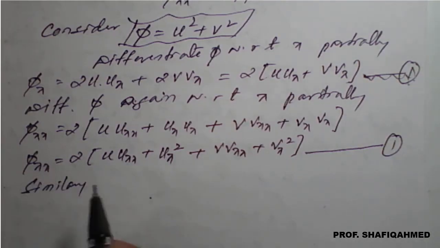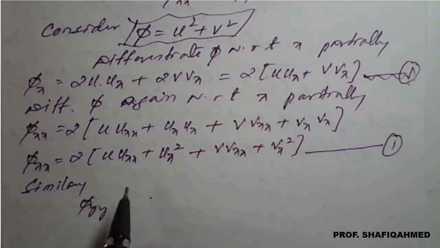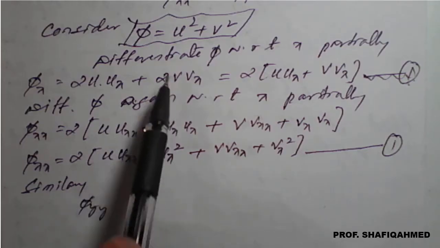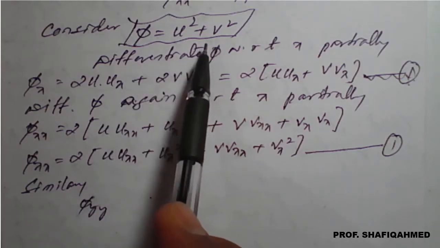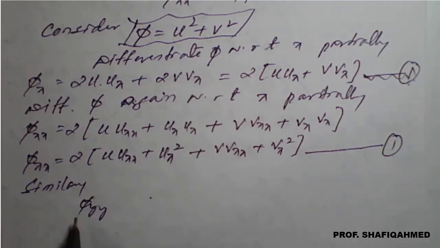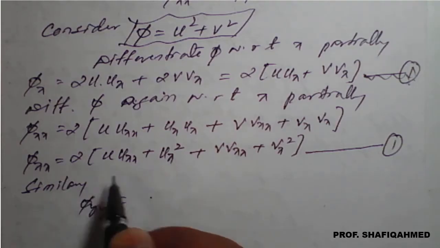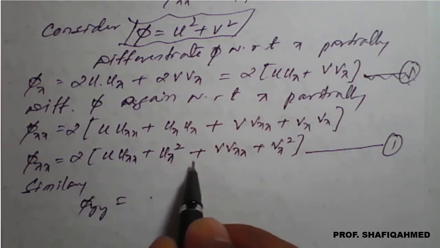So directly I will write similarly phi of yy. If you differentiate phi with respect to y partially one time and 2 times, at that time we will get the double derivative of phi partially with respect to y, which will be, directly I am writing. So u will be converted as x, x will be converted as y here.